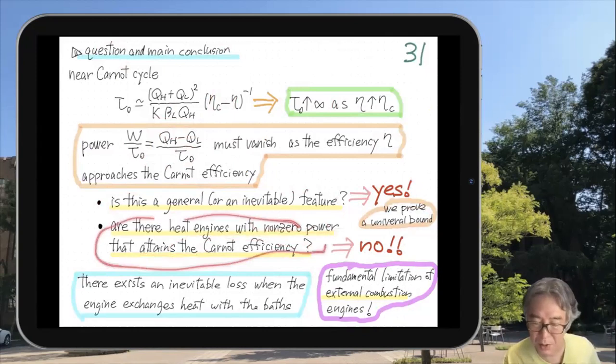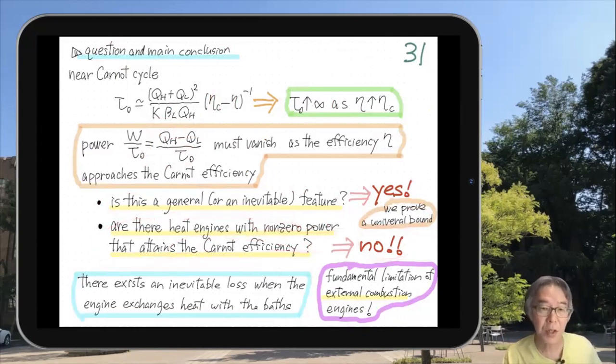But unfortunately, our answer is no. The punchline of this work is that there exists an inevitable loss, dissipation, when the engine exchanges heat with the bath, and this leads to this trade-off relation. I will comment on this again, but I would say that this is a fundamental limitation of external combustion heat engines.